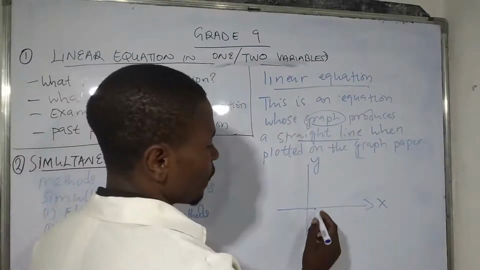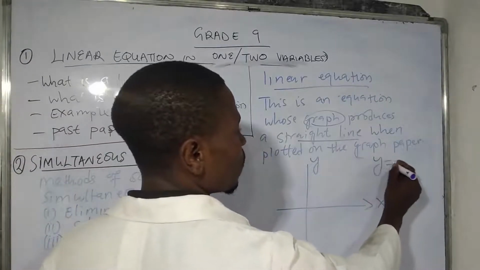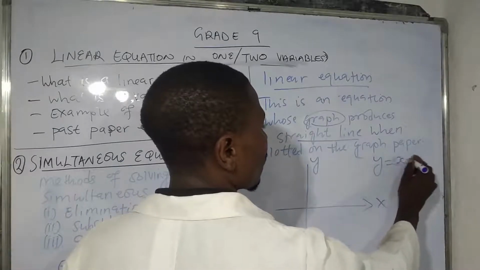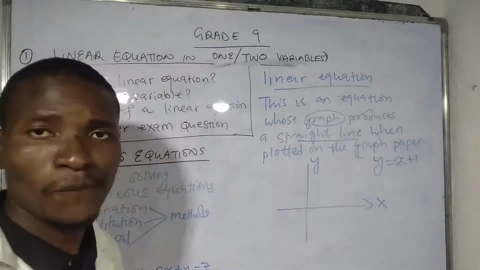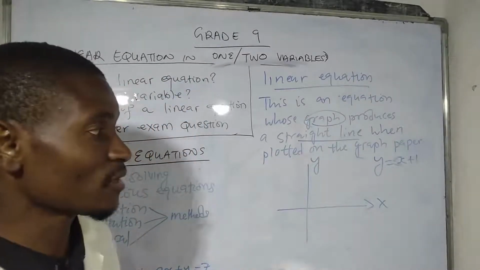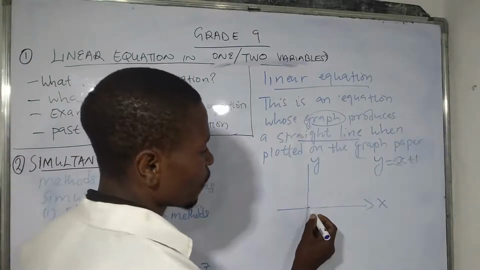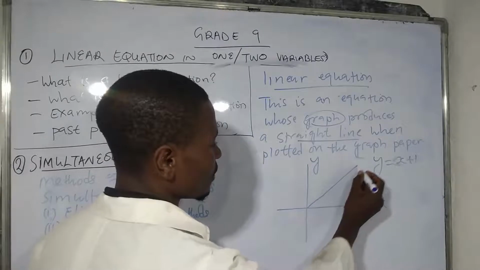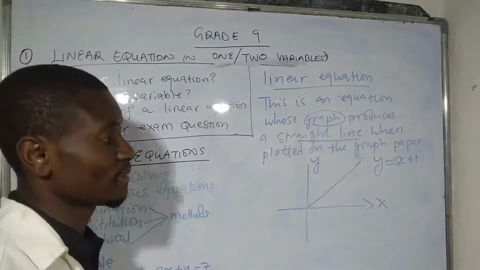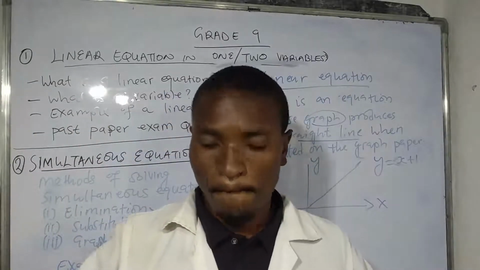If you draw the graph of the equation y equals x plus 1, assuming we have all the points we need to put on the graph, you discover that the line is just going to go straight. And that is what we call a linear equation.